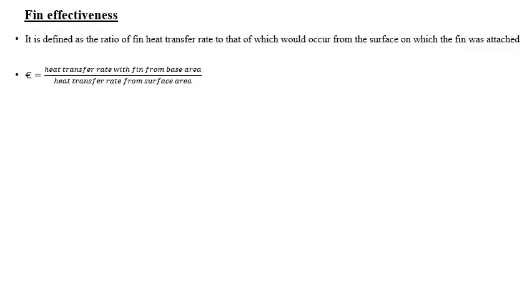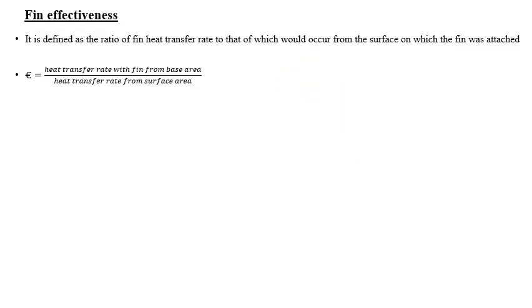So mathematically it can be given as the ratio of heat transfer rate with the fin from the base area to the heat transfer rate from the surface area. What does it mean? If I have to redraw the sketch we have done earlier, it is not very clean. Let me redraw.